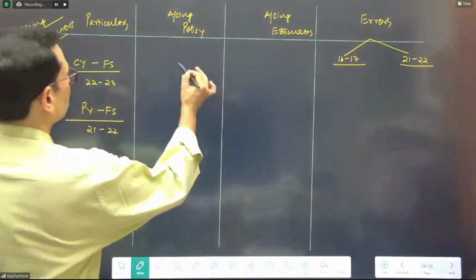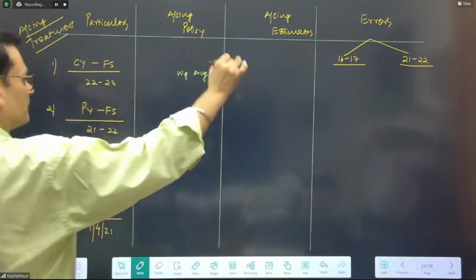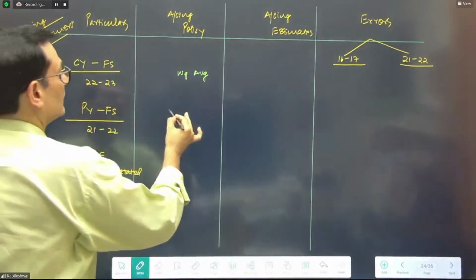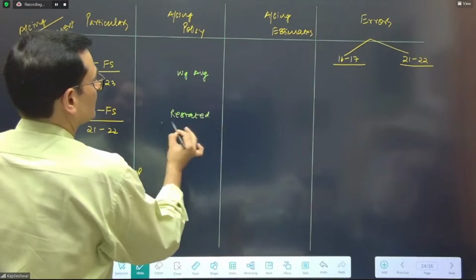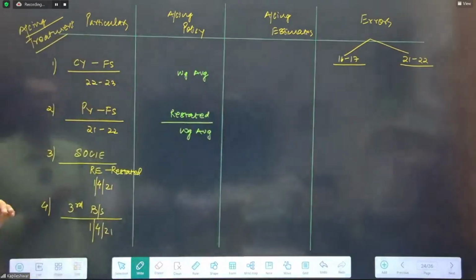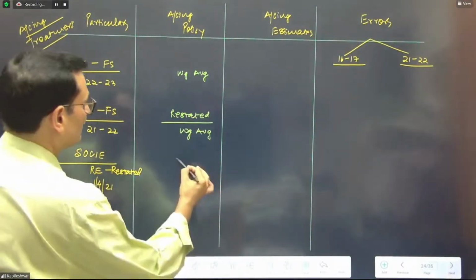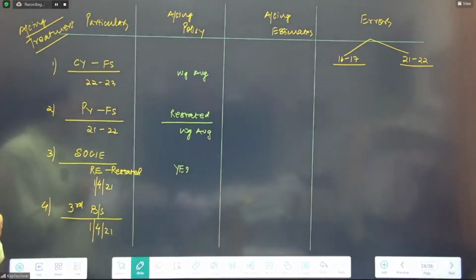Current year financials based on a weighted average, yes. Previous year financials to be restated on the basis of weighted average, yes. Opening balance of retained earnings to be restated as per the new policy, yes.